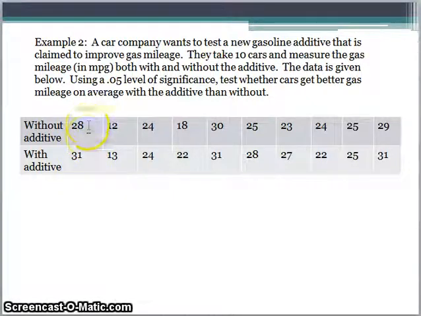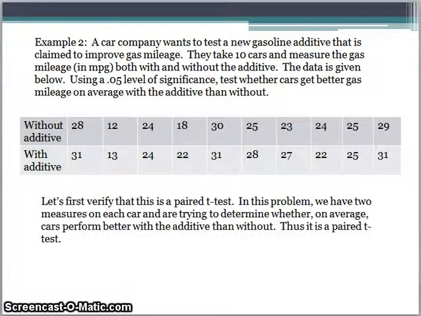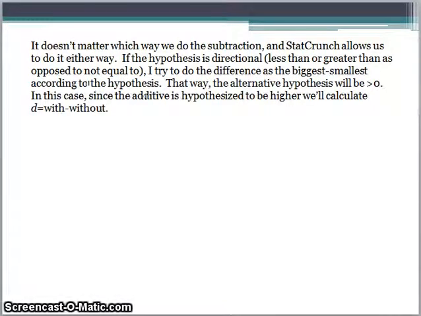So the first car they tested had 28 miles per gallon without the additive and 31 miles per gallon with the additive, for example. So that's why this would be a paired t-test. We have 10 different cars being tested, and we have repeated measures on those cars, which makes it a paired t-test.